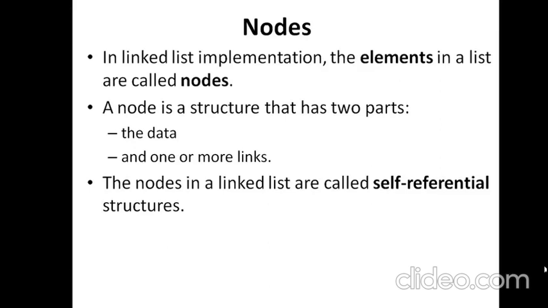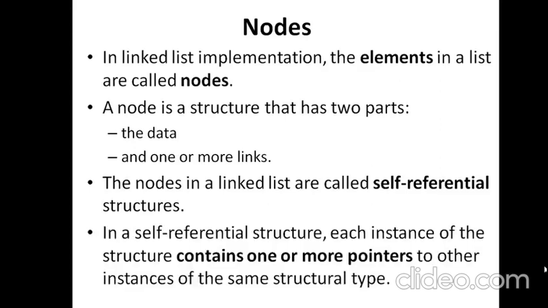So it's called a self-referential structure. Though one address is necessary for the management of the linked list, we can have more pointers depending upon our implementation. For example, there is something called a double linked list, where there will be two pointers, each pointing in a different direction.